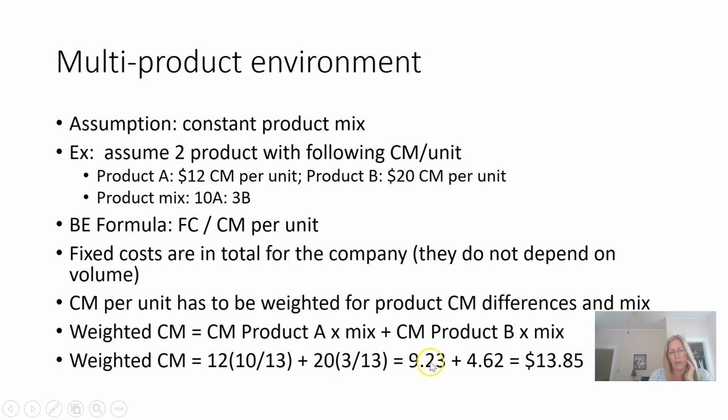And when you break that down, product A contributes 9.23, product B contributes 4.62. You just add them together. So this is your contribution margin every time you sell 10 A and 3 B. Okay, that's your contribution margin per unit for that sales mix.